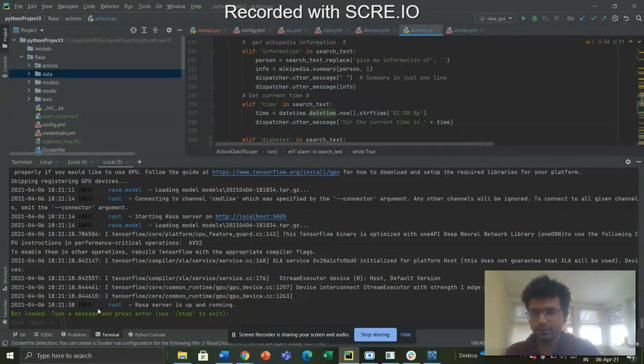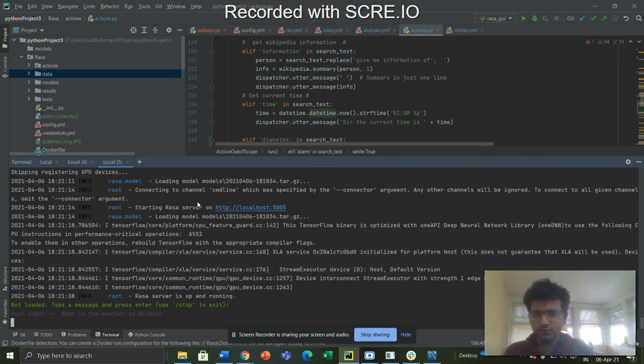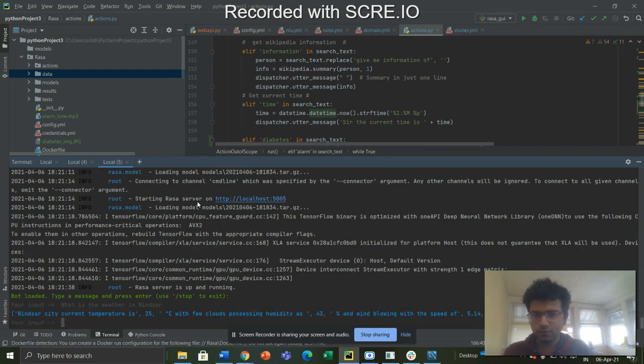So I have retrained the model. So if a user asks what is the weather in Windsor, he wants to know the weather details. So this will perform a web scraping.